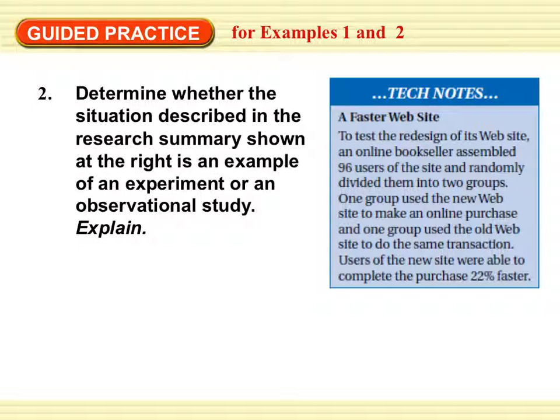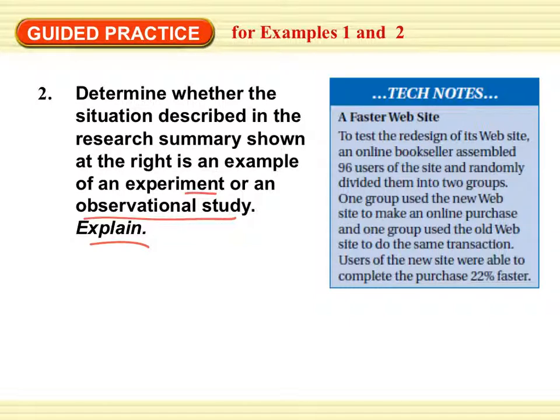Determine whether the situation described in the research summary shown at the right is an example of an experiment or an observational study, and then explain. The Faster website. To test the redesign of its website, an online bookseller assembled 96 users of the site and randomly divided them into two groups. One group used the new website to make an online purchase, and one group used the old website to make the same transaction.